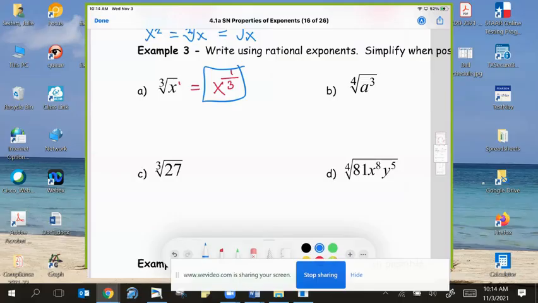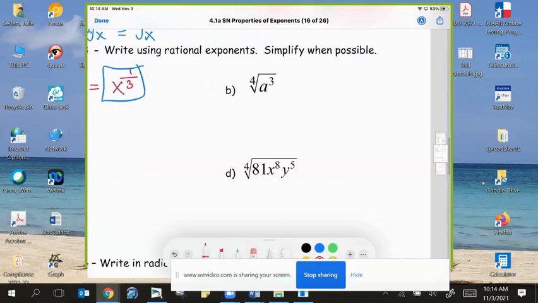Make sure it looks like an exponent, not x1/3, because that's not an exponent. Looking at b, a is raised to the power of 3, power flower goes on top. 4 is the root, roots are on the bottom. So this is a to the power of 3 over 4.